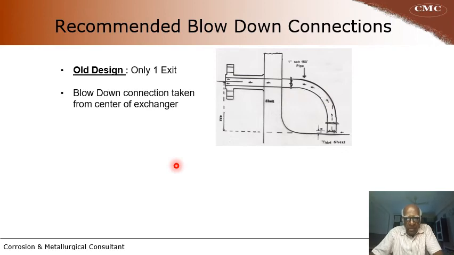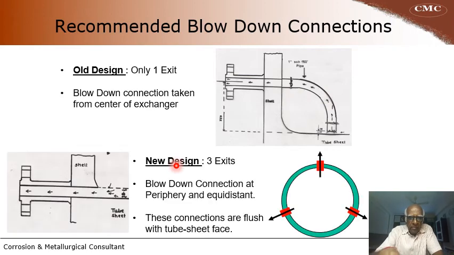So in the new design, the blowdown connections are given in the periphery of the tube sheet at equal spacing so that all the stagnant water goes out without remaining within the boiler.